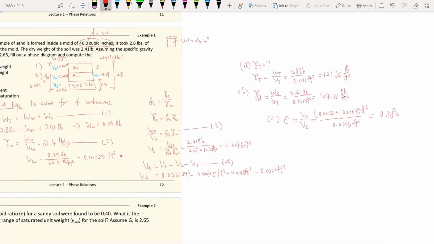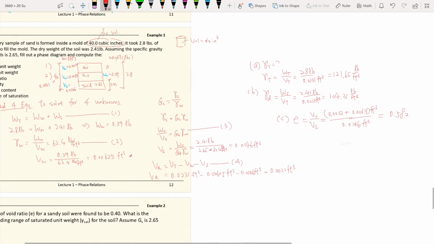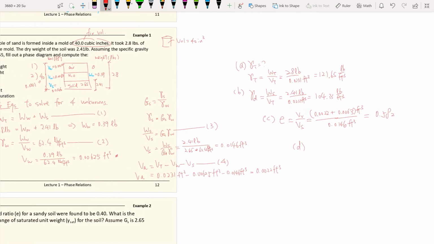That is your void ratio. And part D asks you the porosity. So the porosity equals the volume of void divided by the total volume. You should know this by heart now. What does it mean by void ratio? What does it mean by porosity?